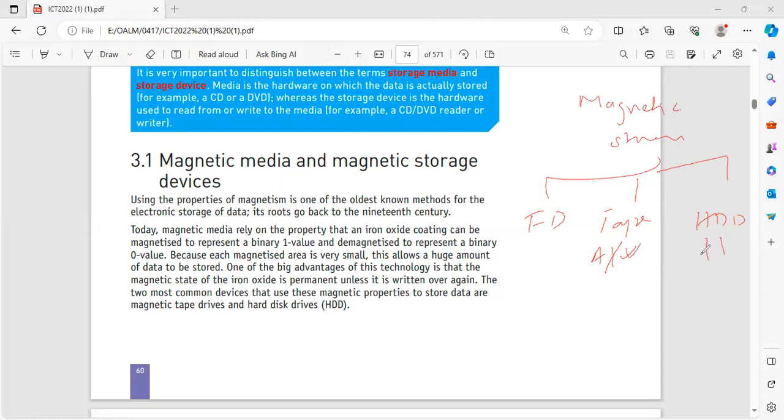But hard disk, have you seen a hard disk? Yes, Ryan, have you seen a hard disk? I'm showing you on screen. Yeah, like a CD. It's not a CD. Hard disk is a magnetic storage.